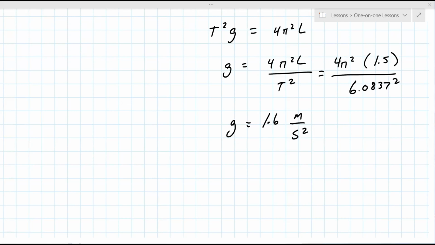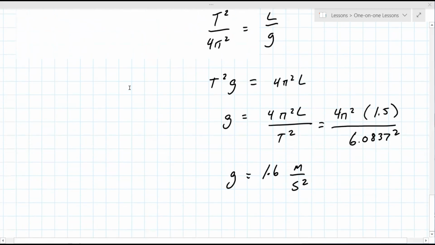Okay. And then part II: if this pendulum were brought back to Earth, how would its frequency on Earth compare to its frequency while on the moon? This is one of those conceptual questions. Let's grab a formula here.